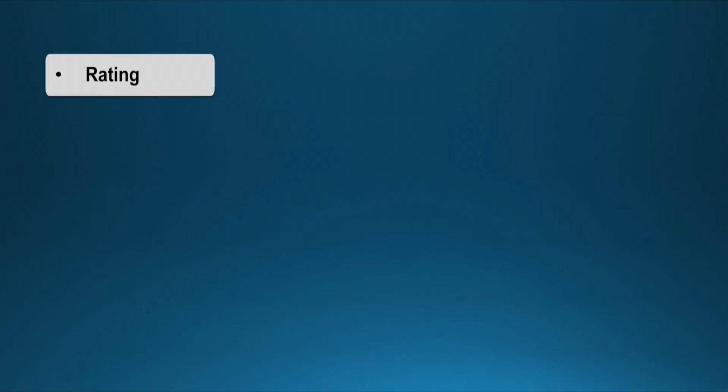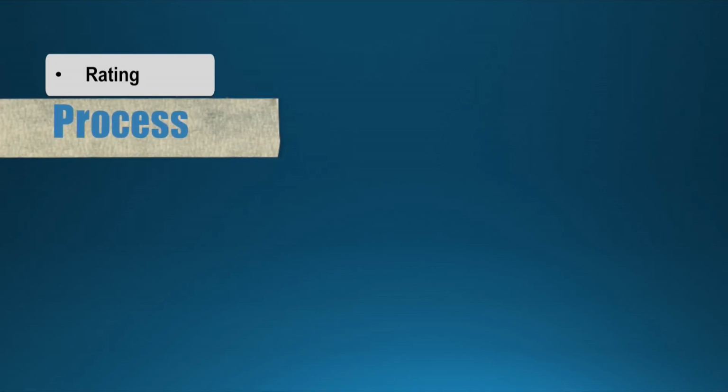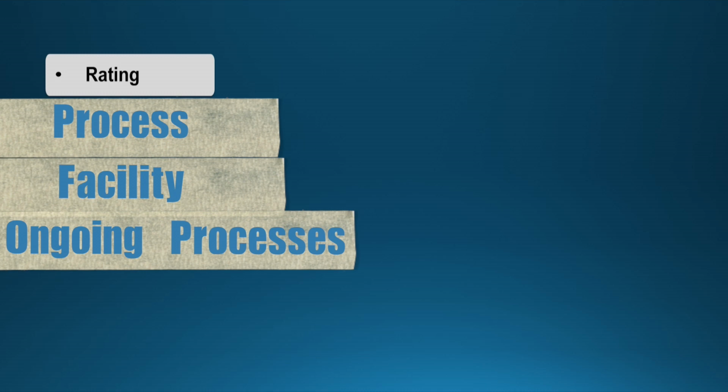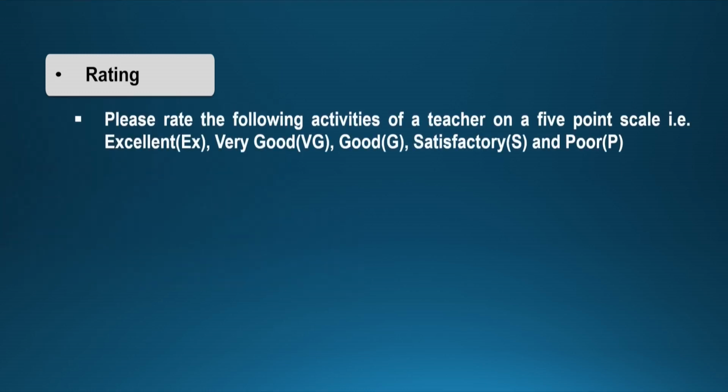There can be rating type items where the observer tries to rate the process, rate the facilities, rate the ongoing processes on the scale, maybe 5 point, maybe 7 point, or 9 point. So here you can see the difference in the checklist and the rating.